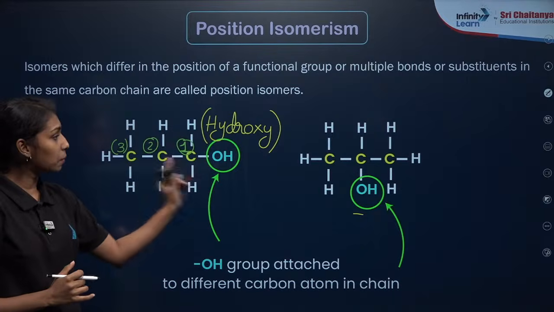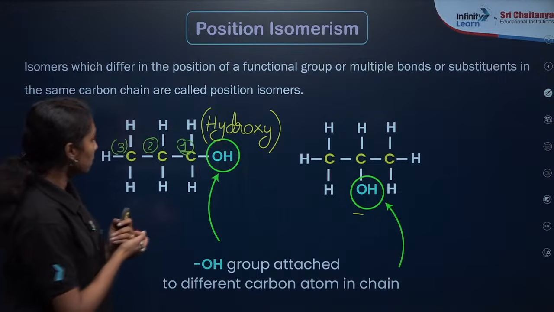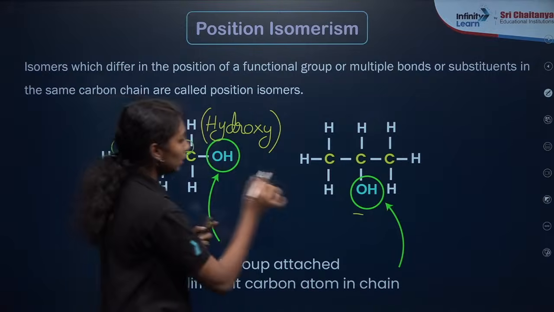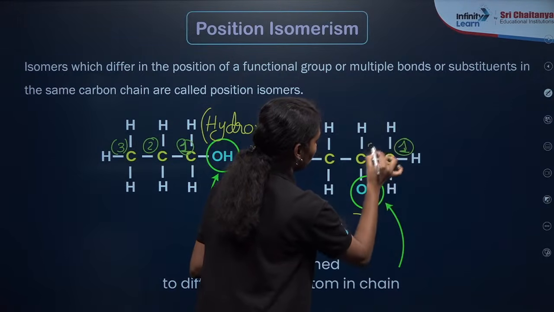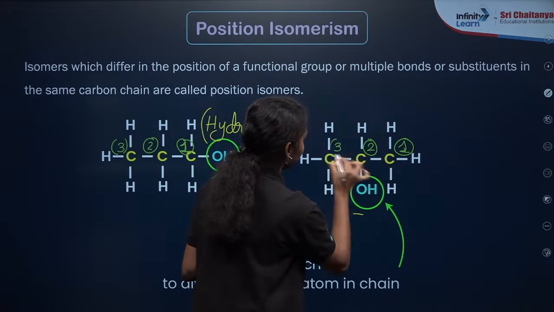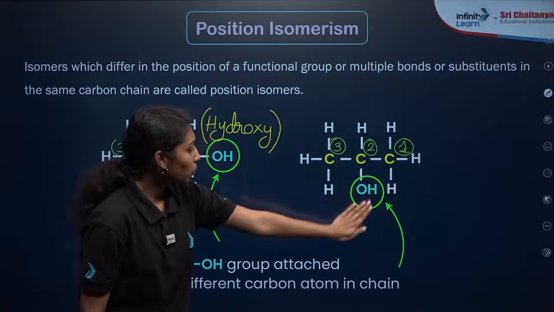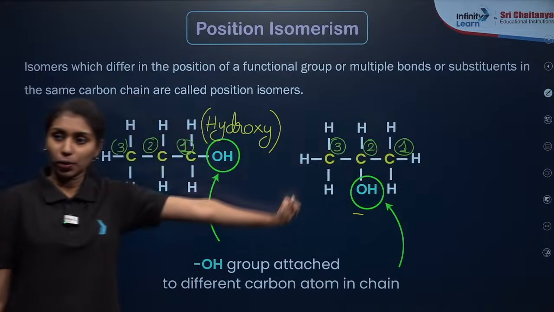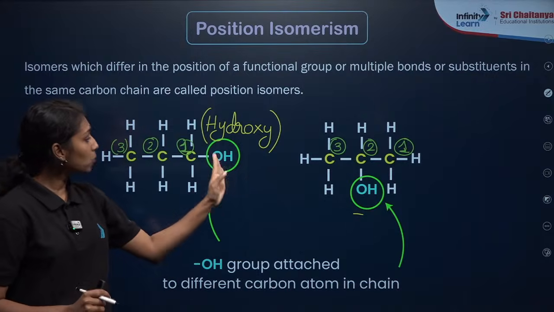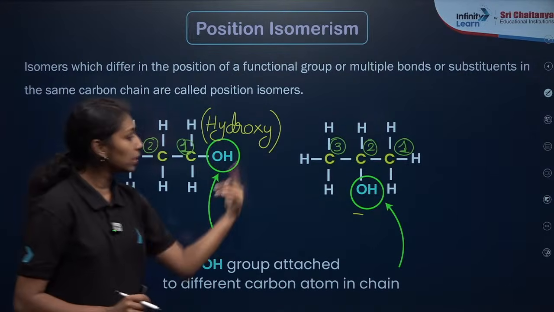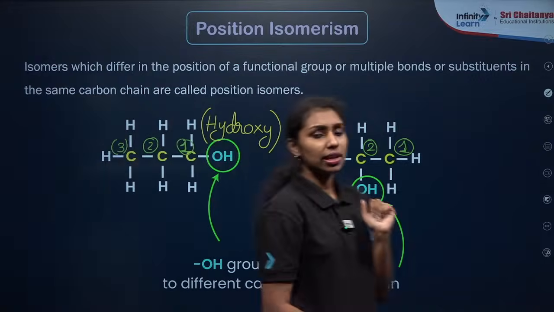Similarly, writing the numbering here, I will start from here only: 1, 2, 3. The OH group is present on the second carbon of this compound. So the position of the functional group changes between these compounds. That is why it is known as positional isomerism. Is that clear?